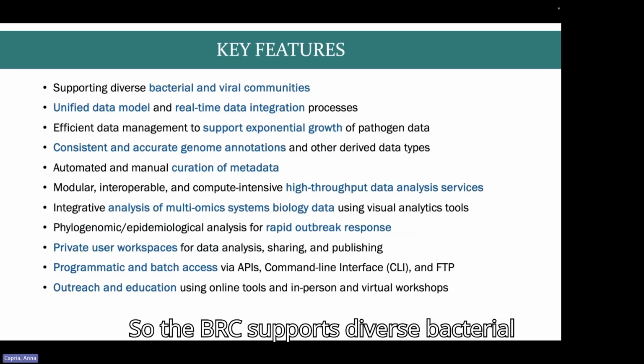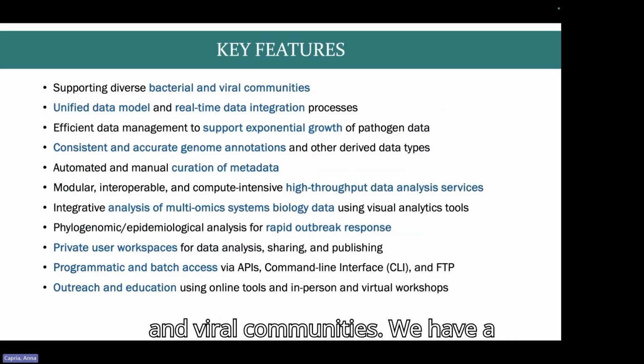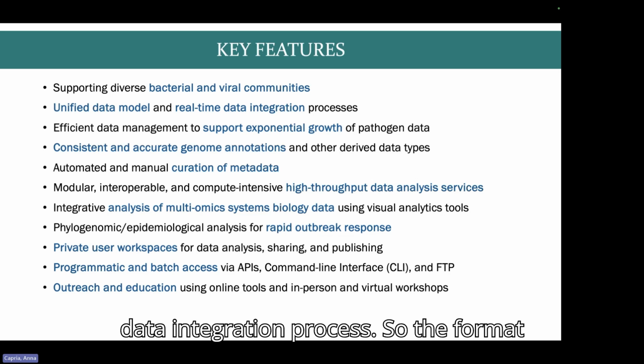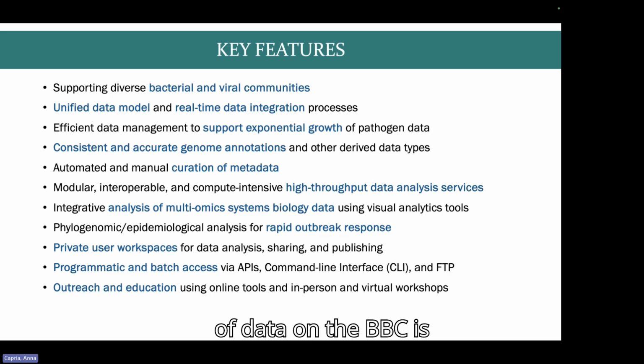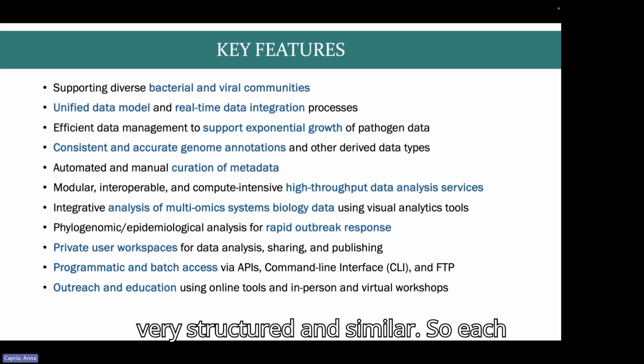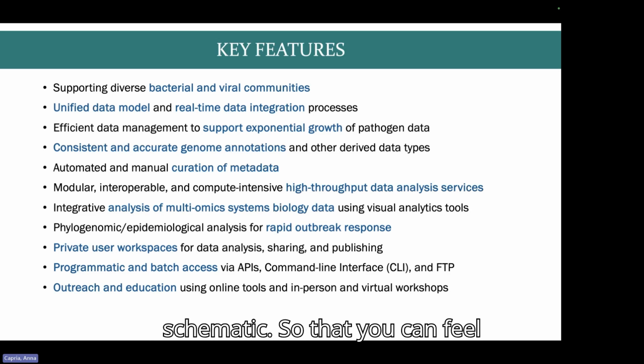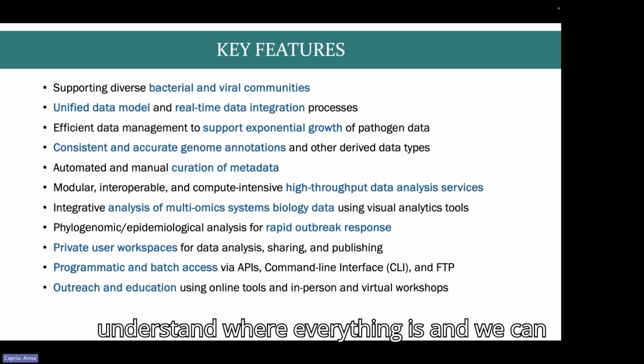So the BV-BRC supports diverse bacterial and viral communities. We have a unified data model and real-time data integration process. So the format of data on the BV-BRC is very structured and similar. Each page will follow the same schematic so that you can feel comfortable no matter what bacteria or virus you're working on, you can understand where everything is.